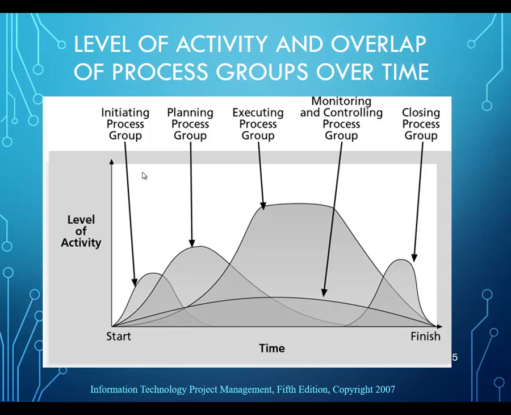For example, the execution of the project will start from the initiation. Monitoring and control, we need to start monitoring the project, making sure that it is within schedule from the beginning of the project. So that's why we have an overlap between those process group activities.